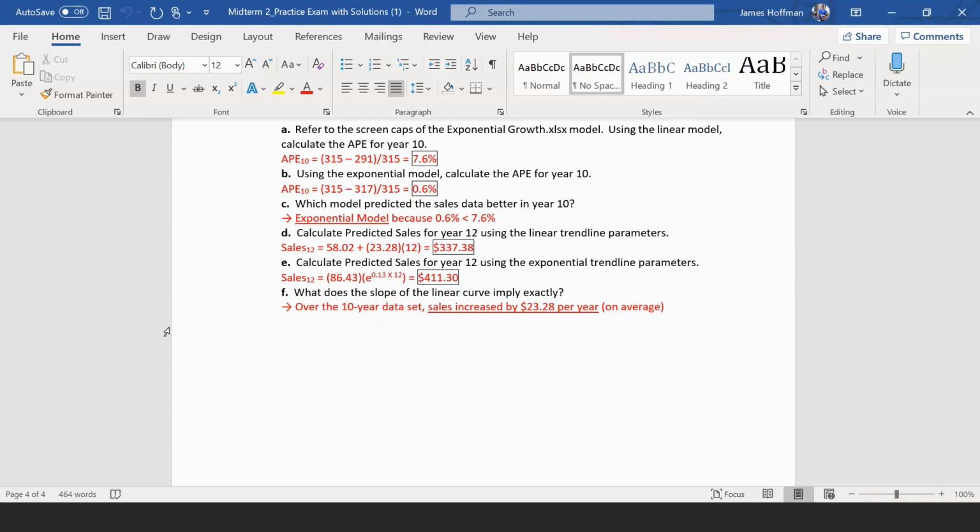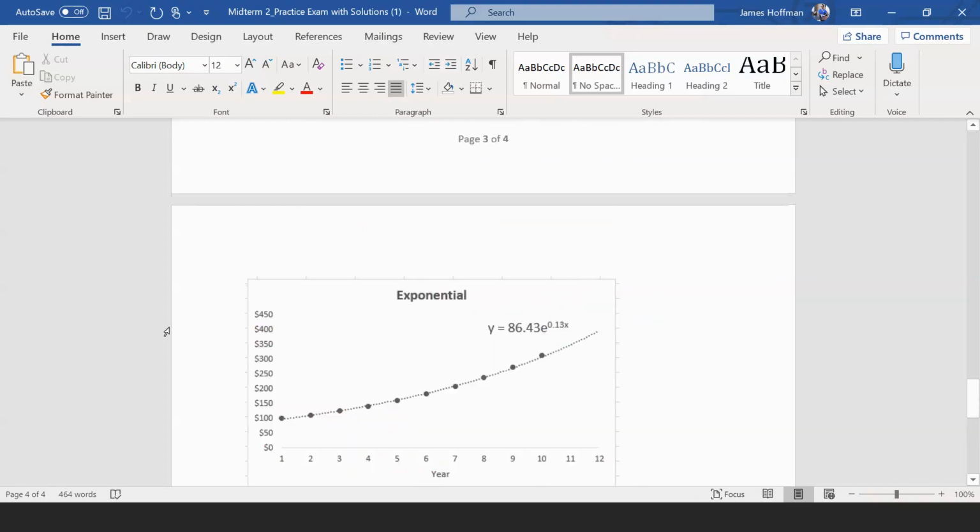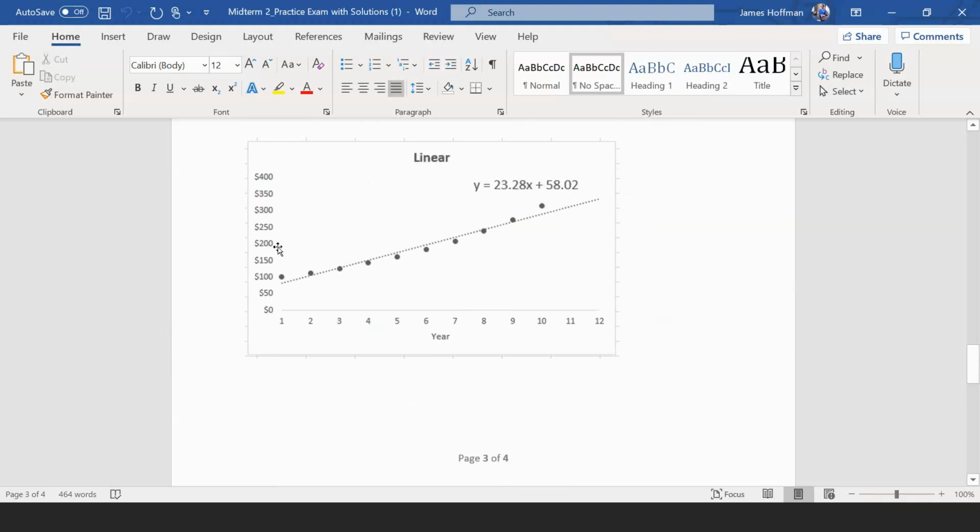And then last part F is what does the slope of the linear curve imply exactly in this model? Okay, so the slope of the linear curve is 23.28, and you can see that that is a constant predicted increase in slope for the sales data.